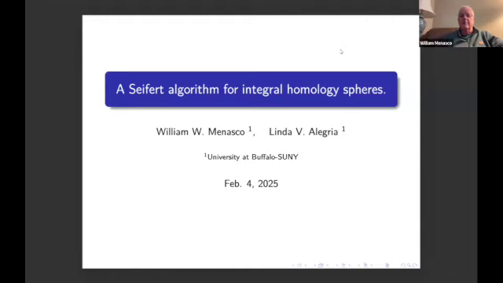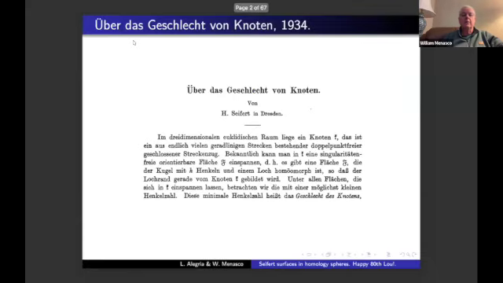A Seifert algorithm for homology spheres. This is joint work that I did with my student Linda Algura. This is a screenshot that I took of a paper by Herbert Seifert that appeared back in 1934.